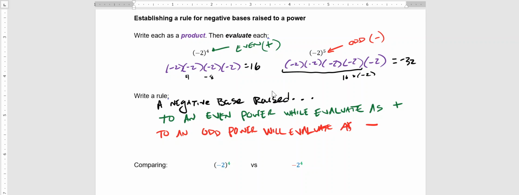And I just want to go back and change this. Will evaluate as positive back up here. Okay, so that's really important to understand.